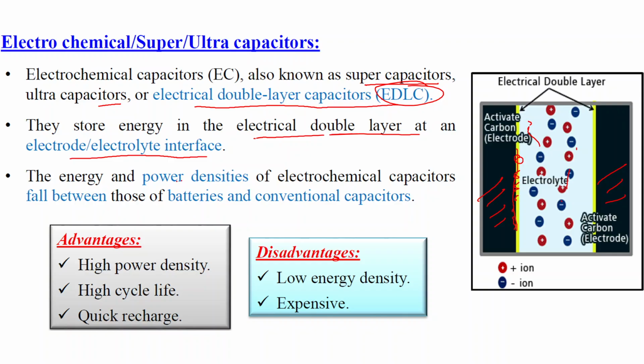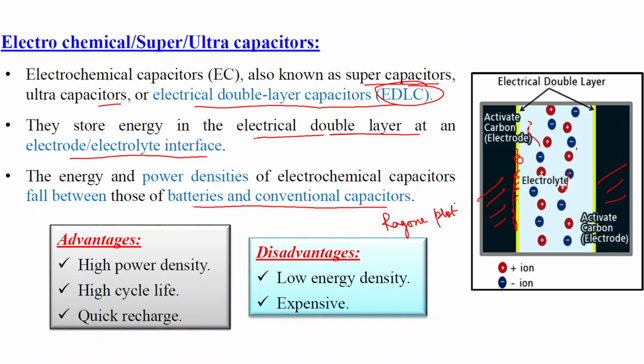The energy and power density of electrochemical capacitors fall between those of batteries and conventional capacitors. Basically, this comes from the Ragone plot, which we will be discussing further. It is a plot of energy density versus power density.